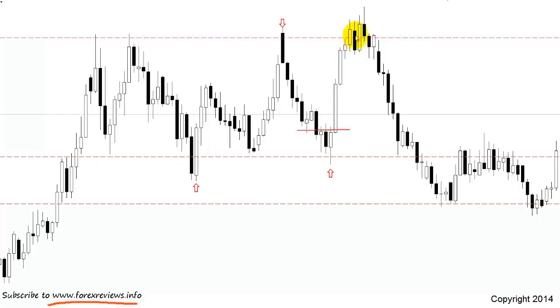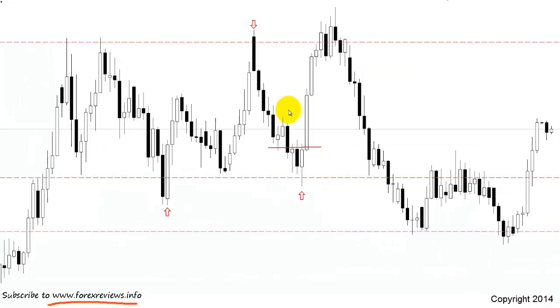So here's an example of a bearish engulfing at resistance where you would have been chopped out. Okay? Trading is a process. Some trades are going to be losers, some trades are going to be winners. So this would have been a losing trade. As you can see, the majority of the trades will be winners.